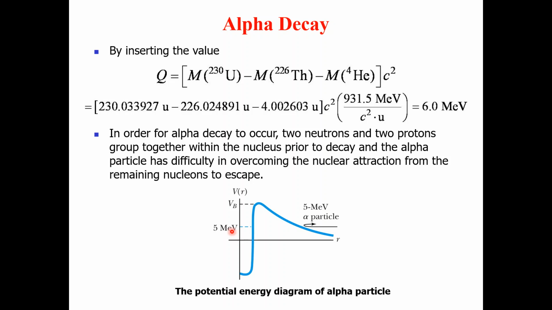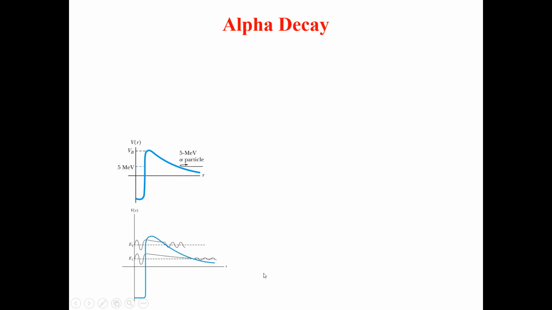So what is the possibility? Is it possible classically for the alpha particle to overcome this barrier, or what otherwise can be the possibility? Let's discuss it here. The barrier height that you can see here is greater than 20 mega electron volt.